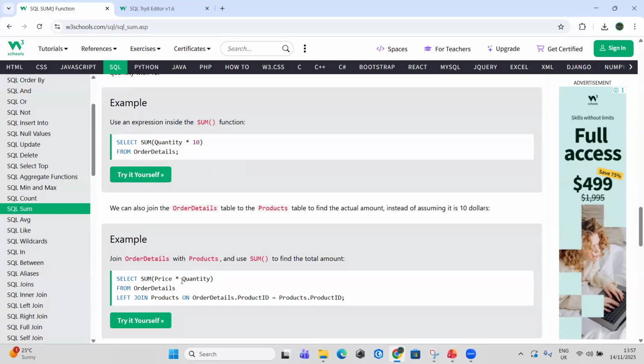If the price is not 10, if there is a defined price, then price into that quantity, then sum. This will become a little complex for you to understand now, so let me ignore this.